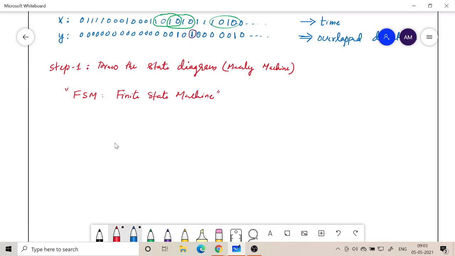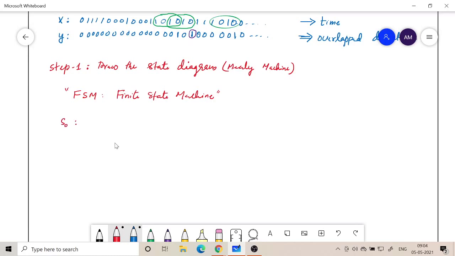So in order to distinguish the fact that we have not yet started receiving any of the bits, we have a state assigned for that. Let's call that state S0. So we will call the state S0.